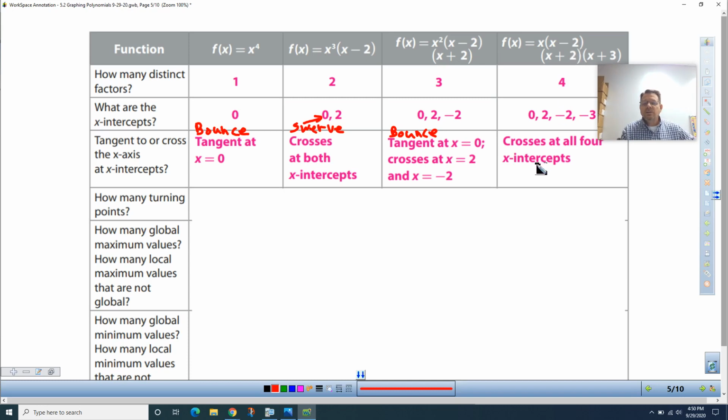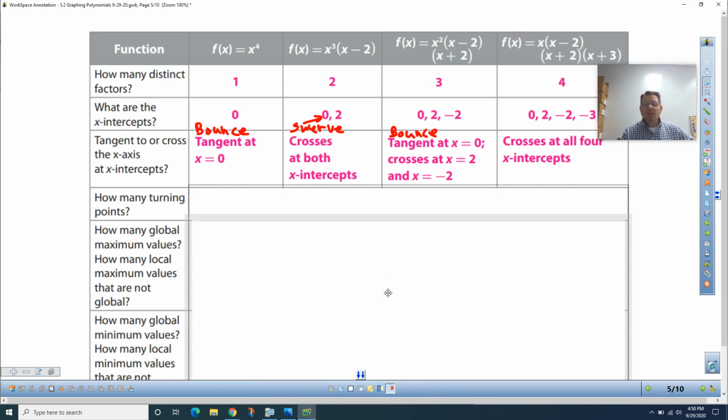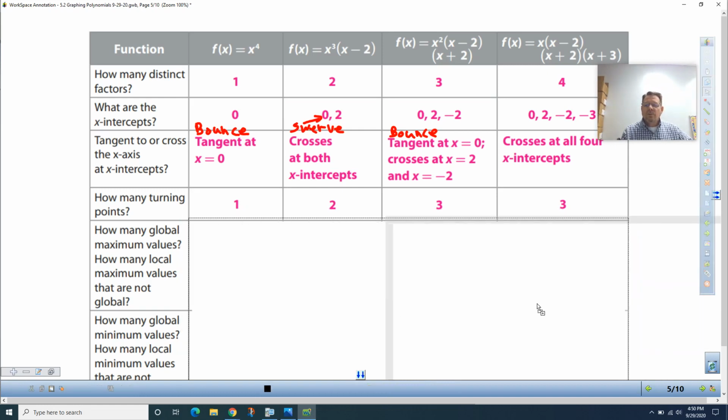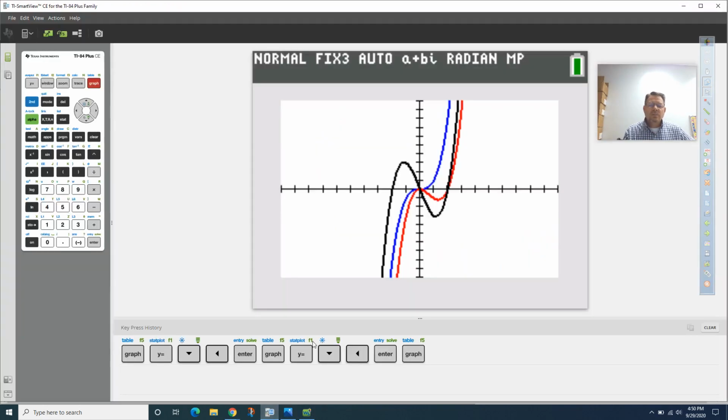Okay. So how many turning points? Remember, it's always got to be at least one less. Okay. And we can look at these graphs and we see that happens there. And then we talk about global max and mins and such as that. So let's take a second and look at those graphs.